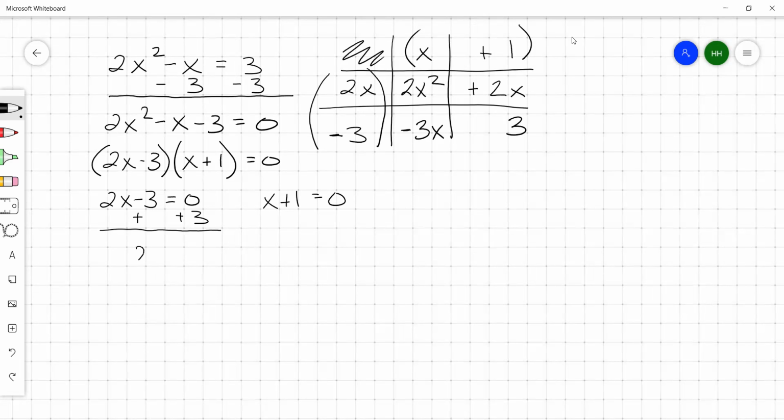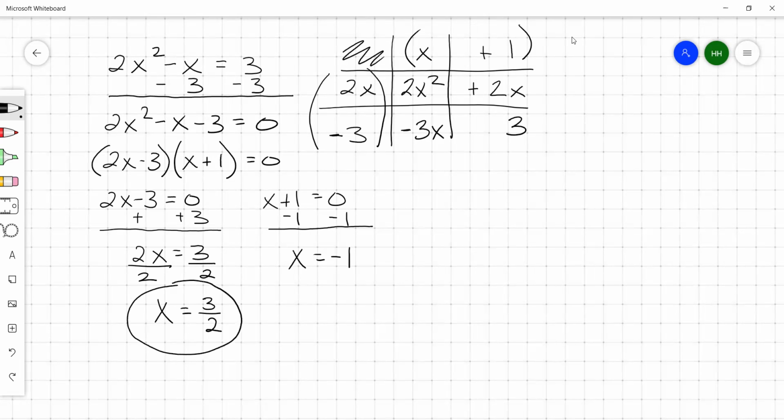So we get here 2x equals 3 and divide by 2. X equals 3 over 2, or 1.5. And subtract 1 from each side of this one. All right, so here's your two zeros for this function: positive 3 over 2 and negative 1.